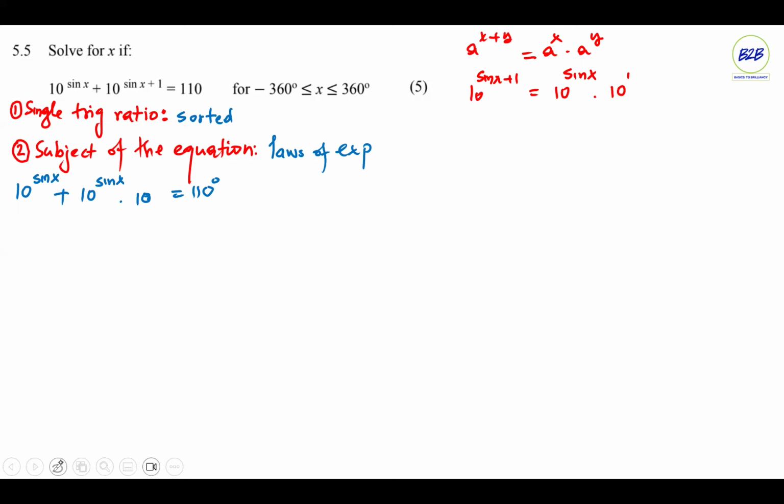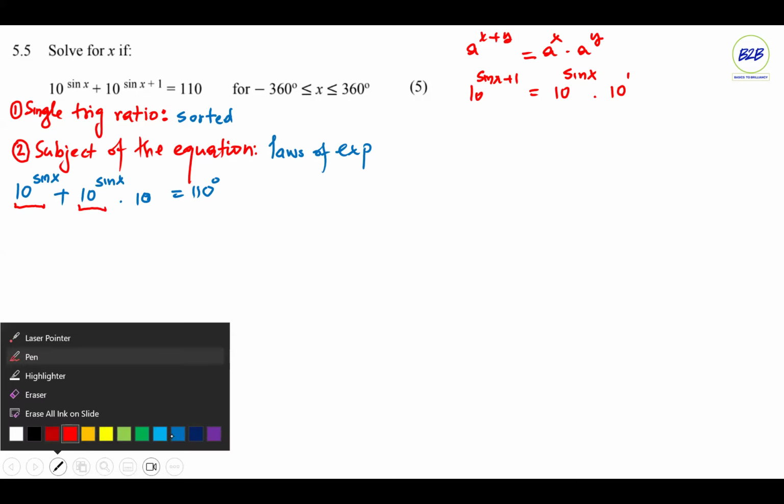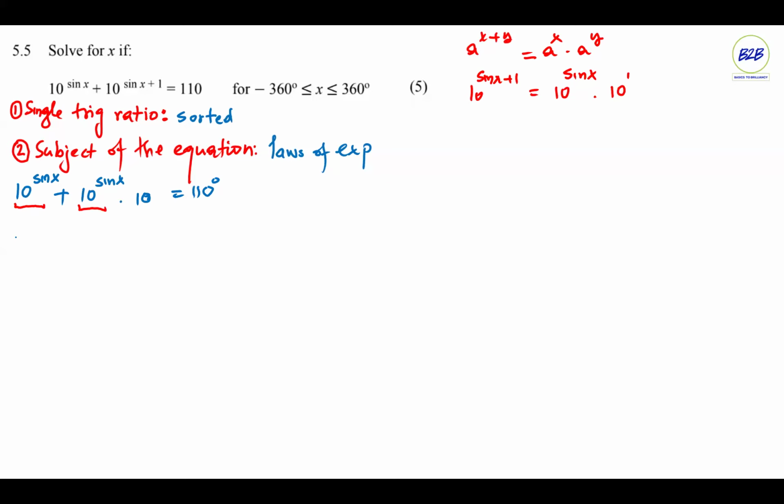Then what do we see now? We see that 10 to the power sine x and 10 to the power sine x is actually a common factor. So we will factor that and say 10 to the power sine x. When we take the 10 to the power sine x, we are left with 1 plus.